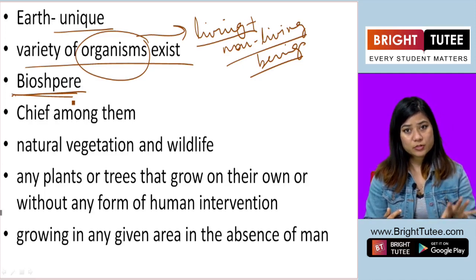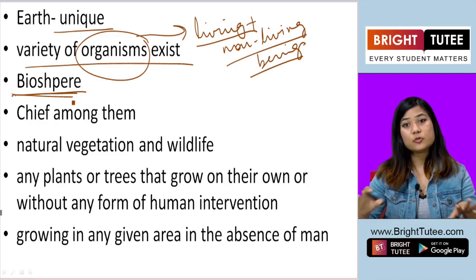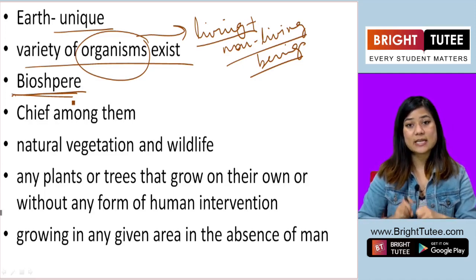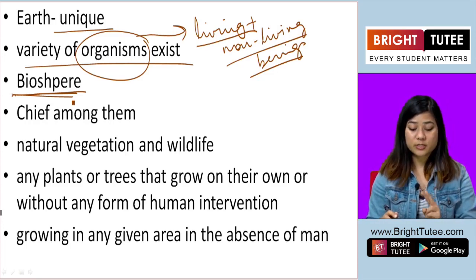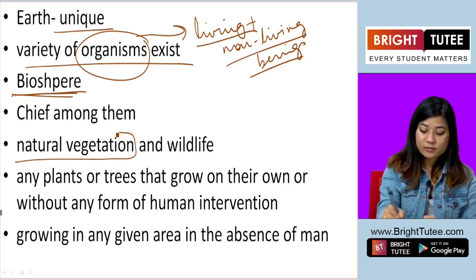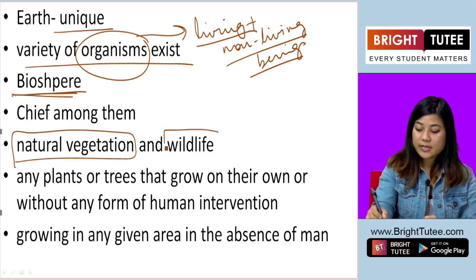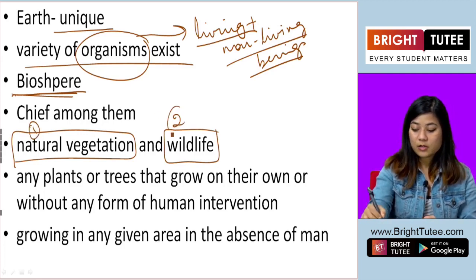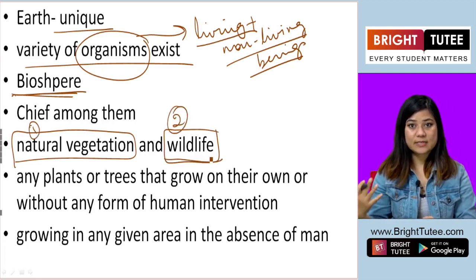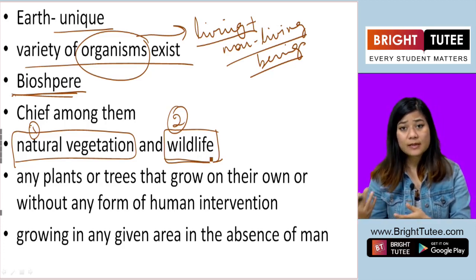Now, among those organisms, among those things that exist in the biosphere, there are two which are very important. One is natural vegetation and the second is wildlife. You know what wildlife is, right? Animals, insects.